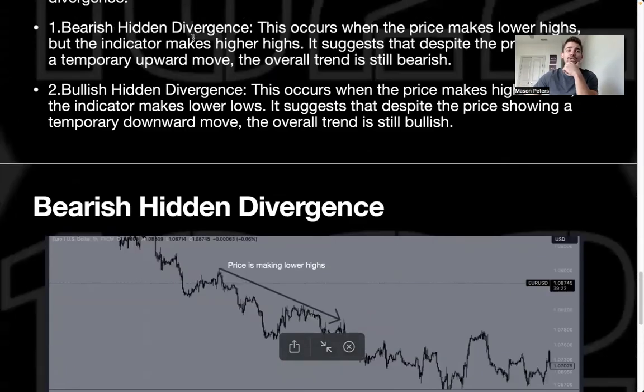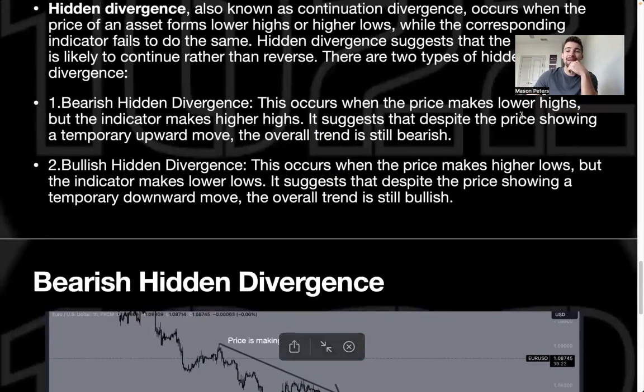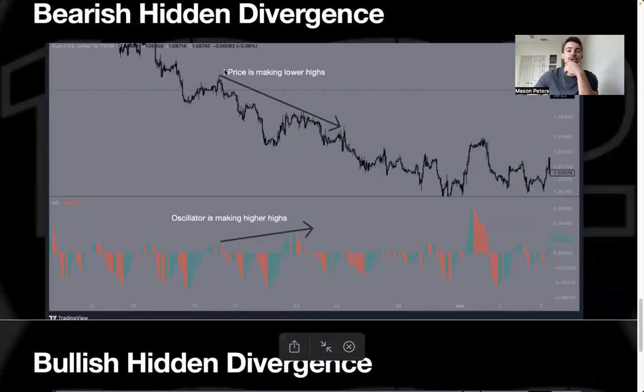The first one, bearish hidden divergence. This occurs when the price makes lower highs, but the indicator makes higher highs. Price makes lower highs, but the oscillator is making higher highs.